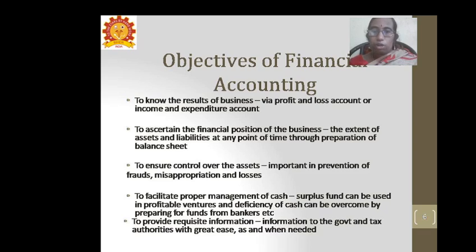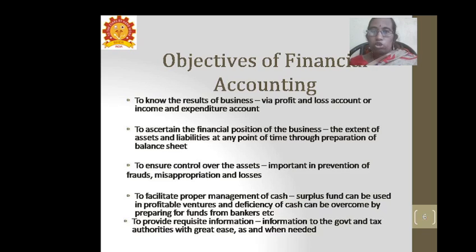Then the fourth objective is to facilitate the proper management of cash and the surplus funds that have to be used, and to prevent unprofitable diversions and deficiencies of cash, which can be overcome by preparing the funds from burden.